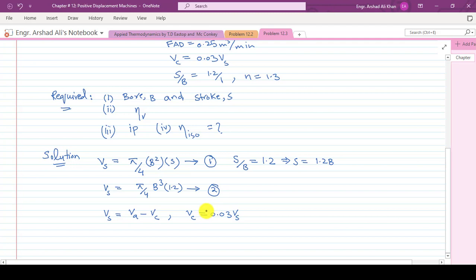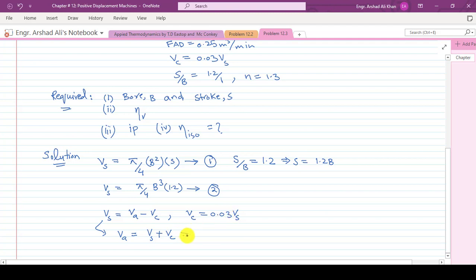From this expression, VA is equal to VS plus VC.